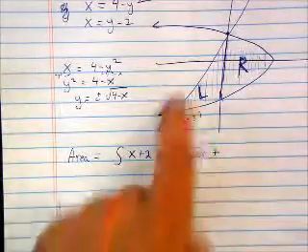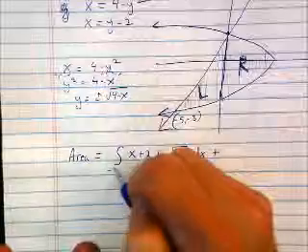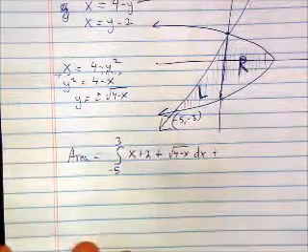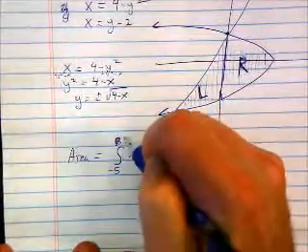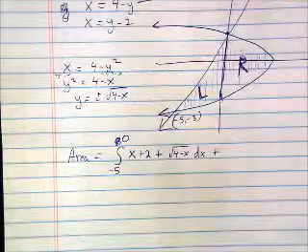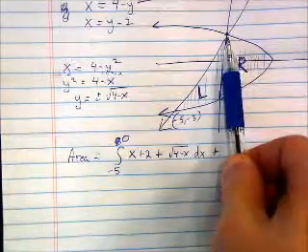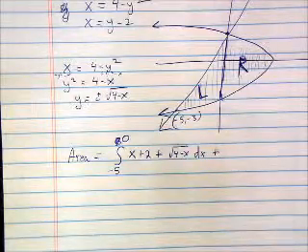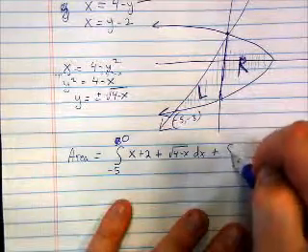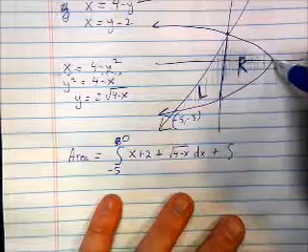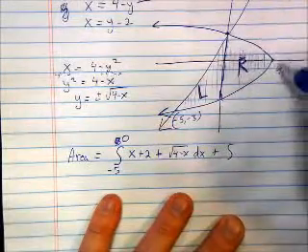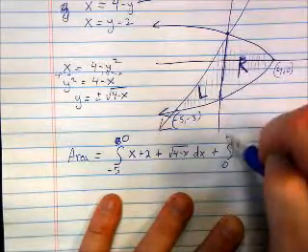So for the left-hand region, x goes from -5 up to 0, correct? This point right here has x equals 0. Okay. Plus, now I need the second integral. The second integral is going to go from, I think that's the point 4, 0 right there. So that's going to go from 0 to 4.